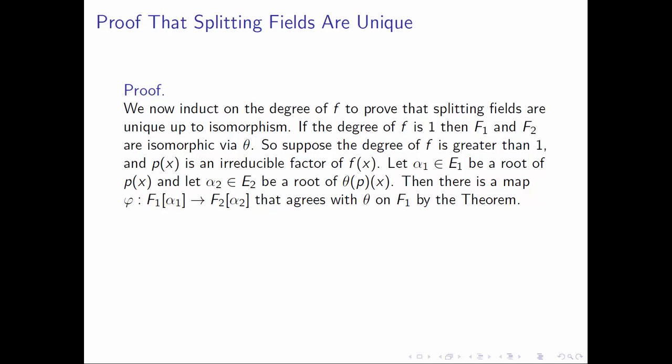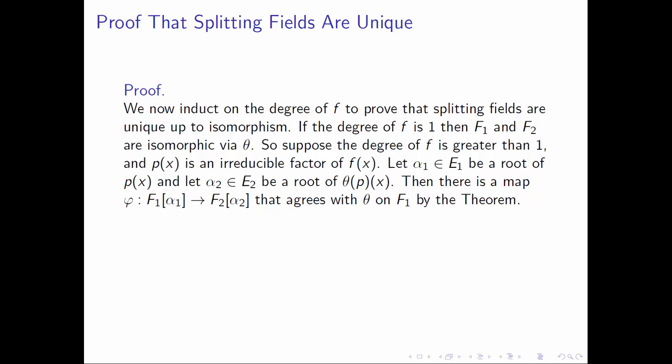And so the splitting field E1 is just the field F1, and the splitting field E2 is going to be F2. So when f happens to be linear, then by the assumption of our corollary, we already have an isomorphism from F1 to F2, and that's the isomorphism theta. So in that case, the splitting fields are isomorphic because we are assuming we have an isomorphism. So that's a silly case, that's the base case.